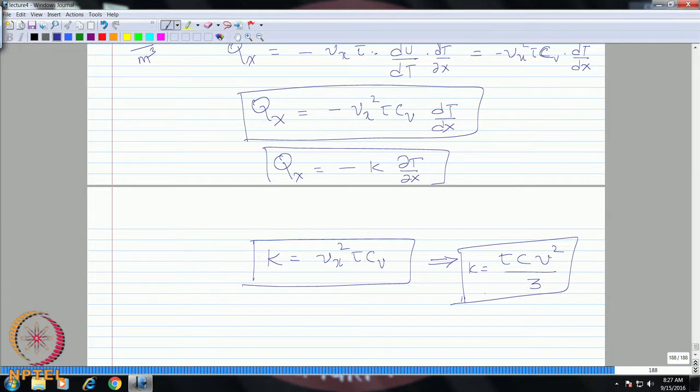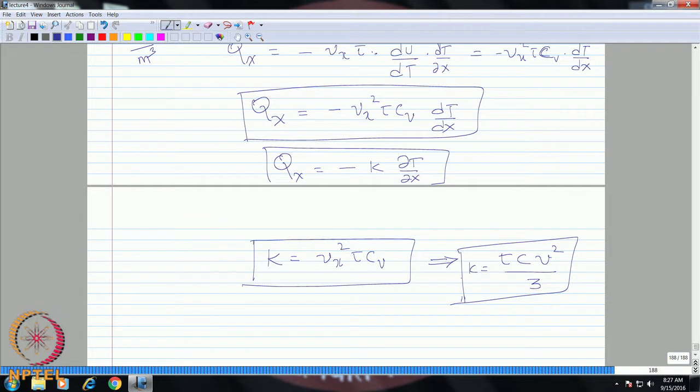The same thing can be extended to other energy carriers, such as phonon gas. You have to use the corresponding relaxation time and corresponding velocities of the phonon gas, and likewise for electron gas. You can use a parallel treatment and determine the corresponding thermal conductivity of electron gas.